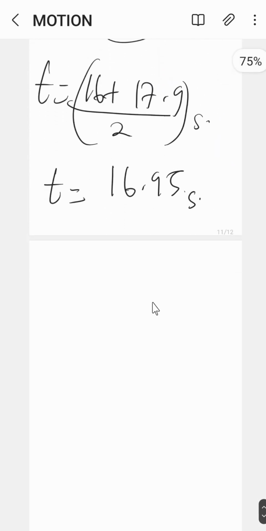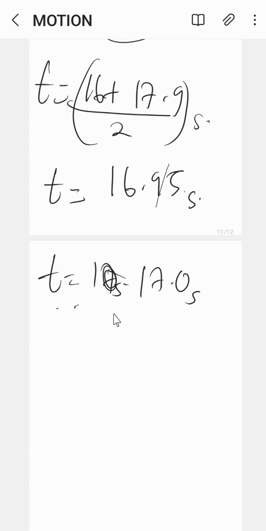Which can also be t is equal to 17 seconds, or rather, since 3 significant figures, you can use 2 decimal places sometimes, or you can have 17.0 seconds, whatever works. Either way can still work. I do advise students to stick to 3 significant figures, so this could be okay. But like I said, both are right.